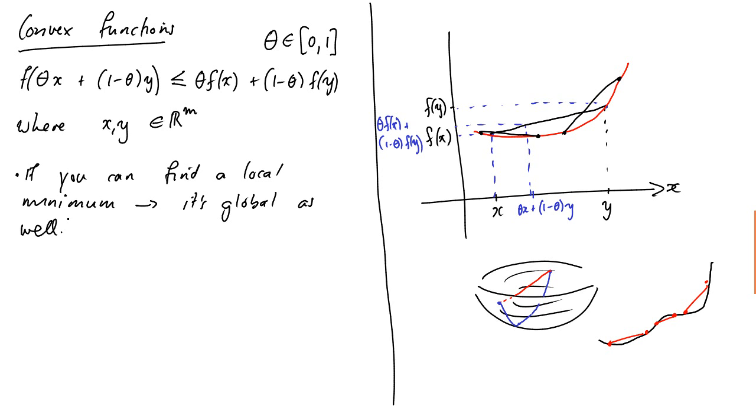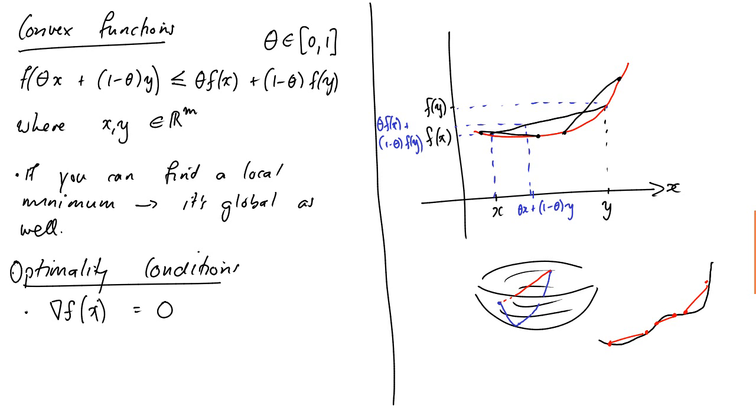Okay, so we have some optimality conditions. These are basically what we looked at last time with our Hessian matrices being positive definite. So our two optimality conditions are that our gradient is equal to 0 at x star.